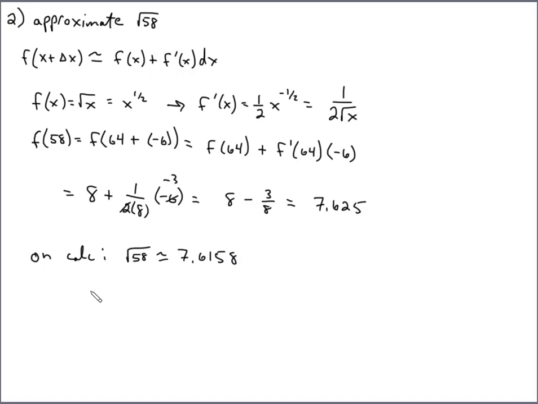Okay, and then the problem asks us to find the difference between these to 4 decimal places. So we're going to say, what is 7.625 minus 7.6158? And so that will be, let's see, according to the calculator, we'll subtract these two, we get 0.000092.